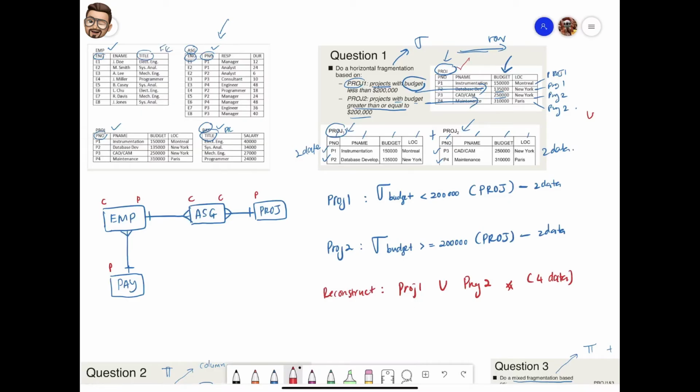To combine horizontal fragmentation, we use the union operation. Two data come from project 1 and two from project 2, so if we union them, we get 4 data in one big project table again.